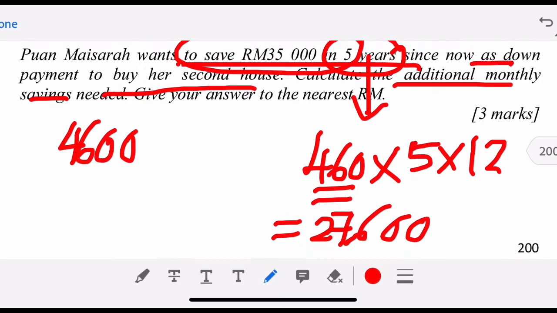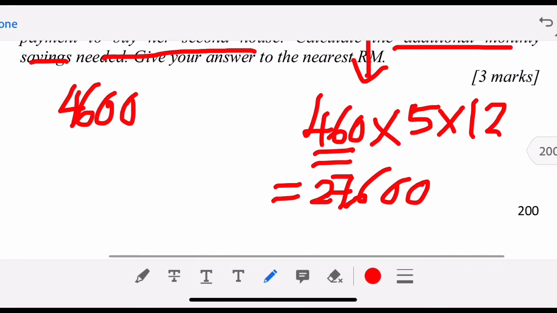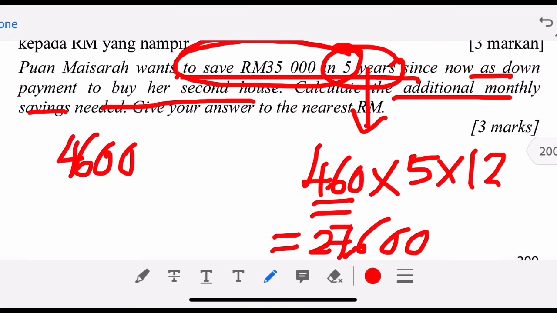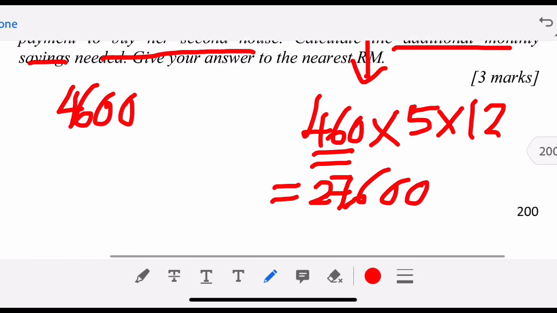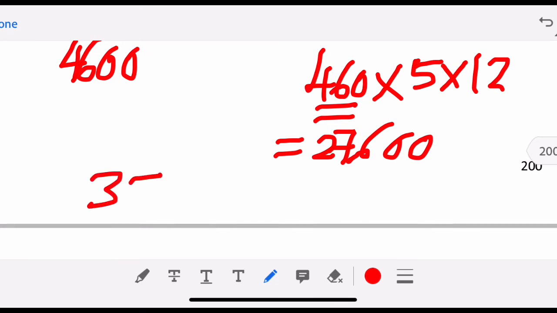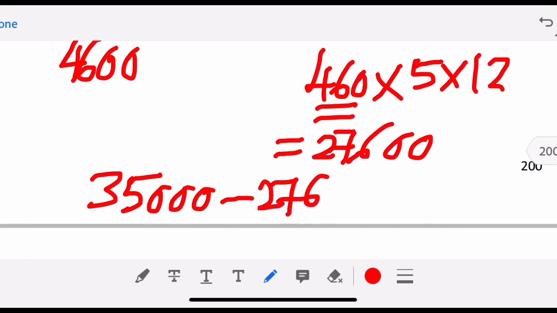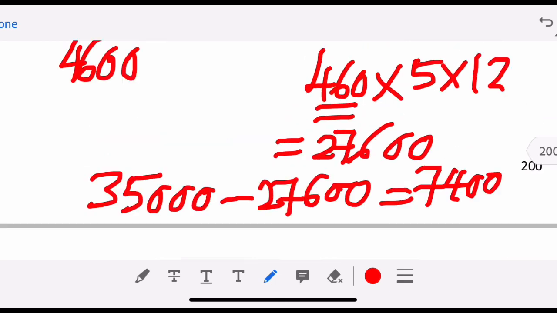But then her house down payment is 35,000. So if we use 35,000, we minus out 27,600. Okay, what is the amount? It is 7,400. So still shortage of 7,400.